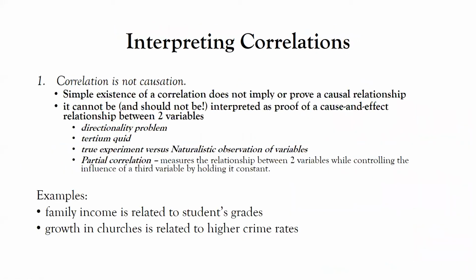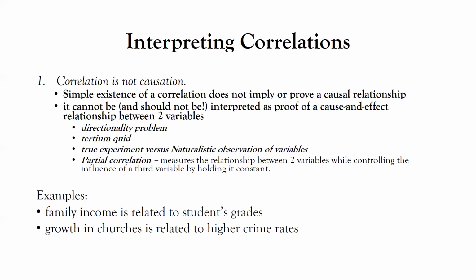Now, interpreting correlations. I'll just go through this very quickly. First, let's not confuse correlation with causation. Simply computing for the existence of a correlation will not tell you something about the cause and effect of these variables to one another. It will not imply or prove a causal relationship.